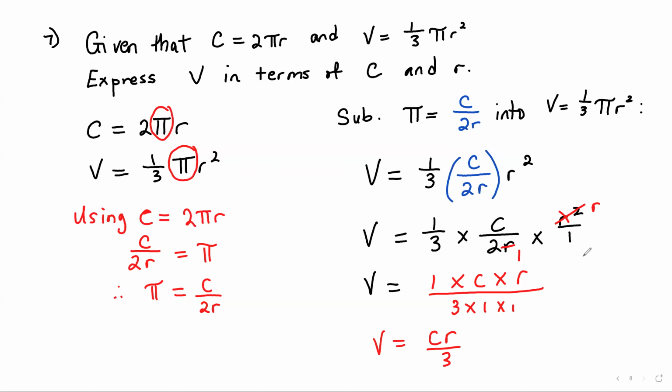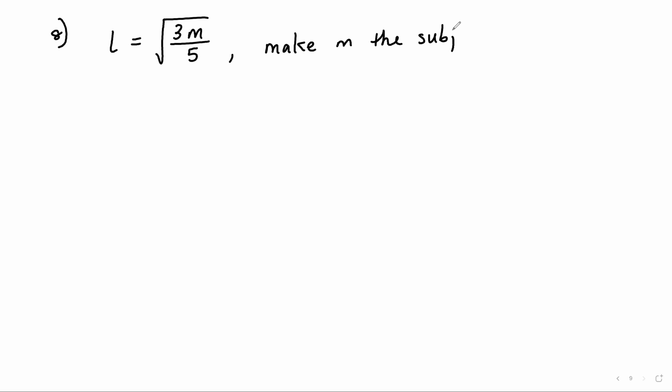All right, I want you all to try one for me. If L is equal to the square root of 3m over 5, make m the subject. Try this one, girls.